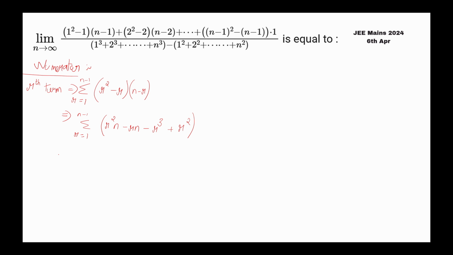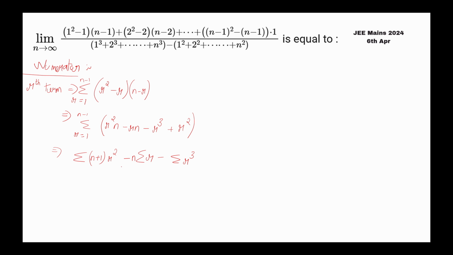So r square can be taken common. So we would have simply summation n plus 1 into r square, minus summation of n into r, minus summation of r cube.